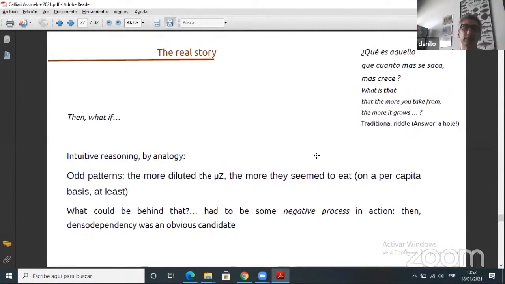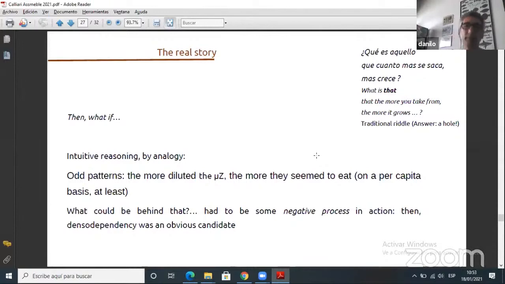In the end, by some kind of intuitive reasoning, we thought that maybe this odd pattern could be related to some kind of negative process that could decrease the intensity of feeding when more microzooplankton were present. What that could be?